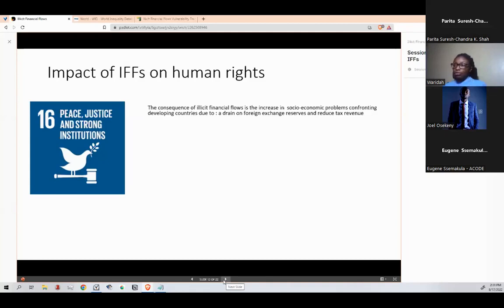Now, when we talk about the impact on human rights, we see that international organizations such as the UN came up with the SDGs, which were supposed to look into tackling IFFs. And we see that IFFs cause a big drain on foreign exchange reserves and reduce tax revenue, which results in the financing of social welfare being either low or not there at all.